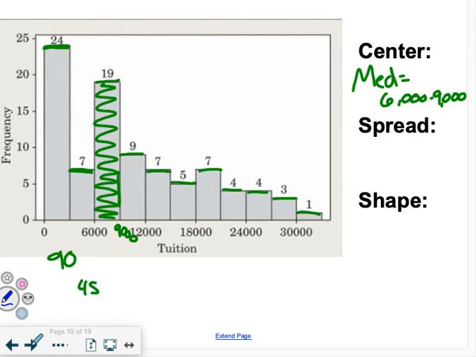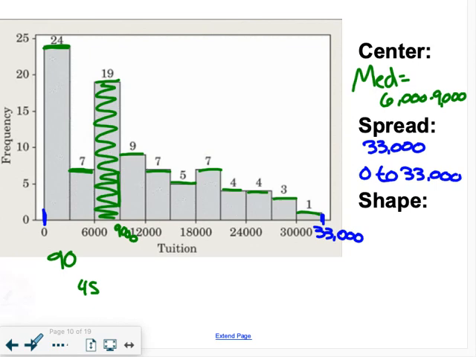We look at our spread. We start at 0 and we go to about 33,000. And so our spread would be either 33,000 or you could say 0 to 33,000.